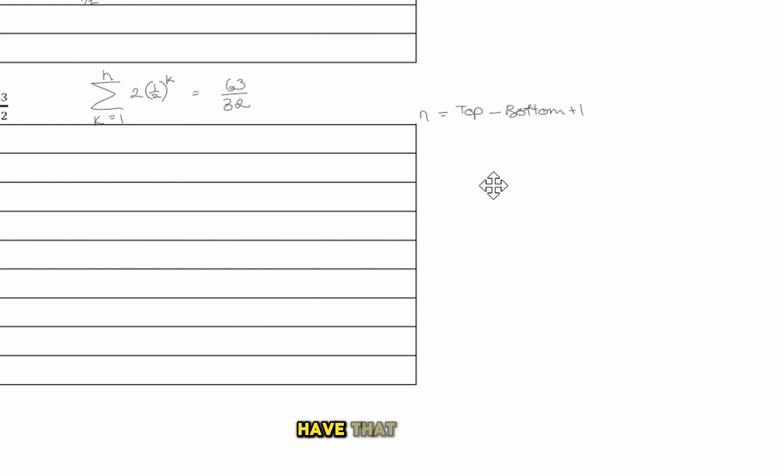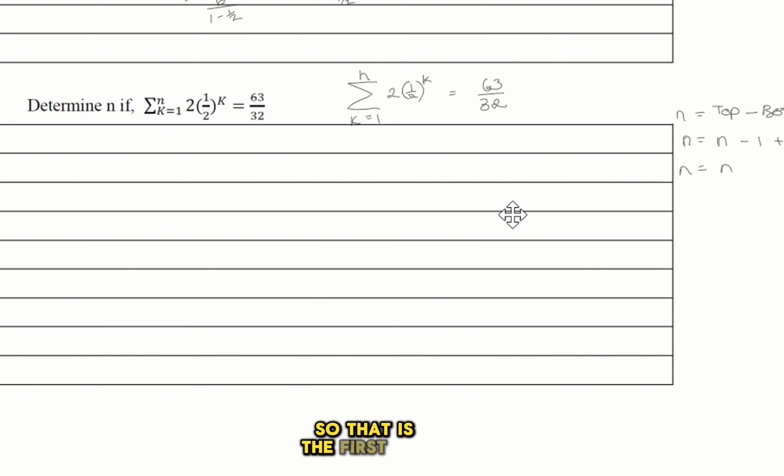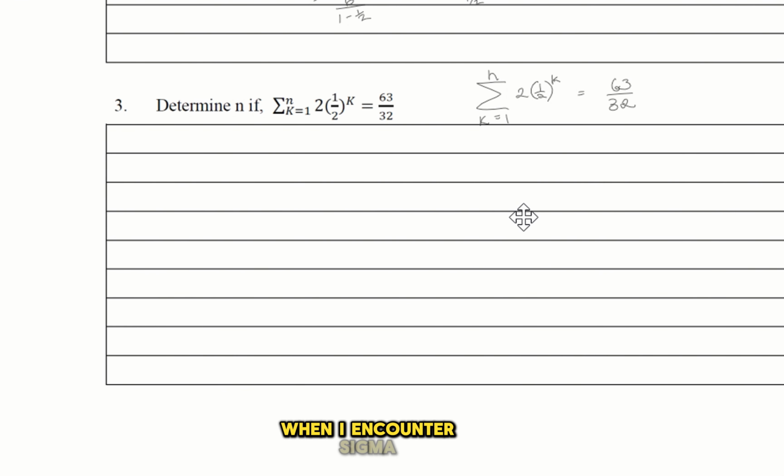So in this case, n is equal to the top, which is n, minus the bottom, 1, plus 1. Are you fine with that? So the two ones cancel out, and n is just equal to n. So if I can work out n, I have n. That is the first step when I encounter sigma. Can you tell me what is the second step?